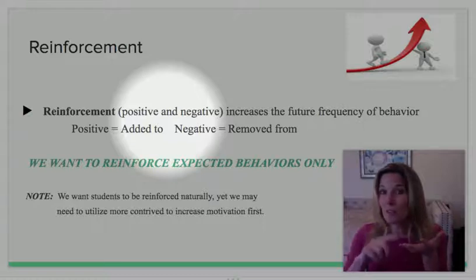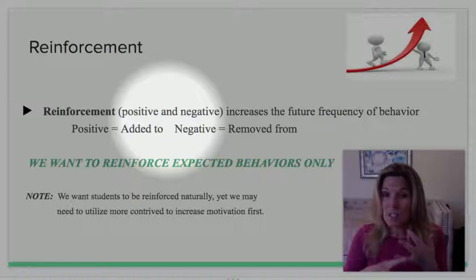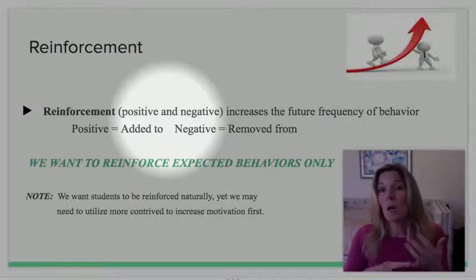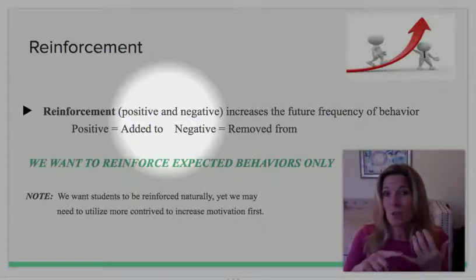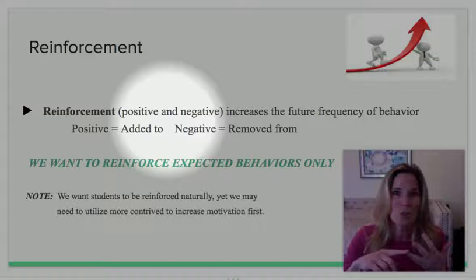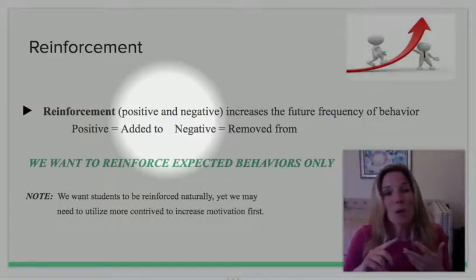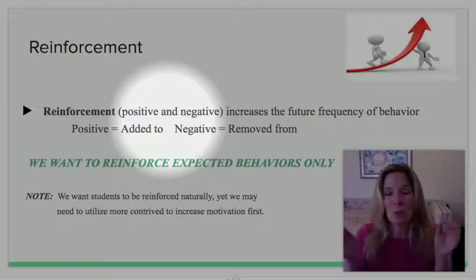So we don't want to give attention to our attention seekers, and we don't want to give escape to our escape artists. For our attention seekers, we want to focus on giving them attention when they're doing what they're supposed to be doing and ignoring those other times that they're trying to seek attention with the undesired behaviors. And our escape artists, we want to make sure that we persist.